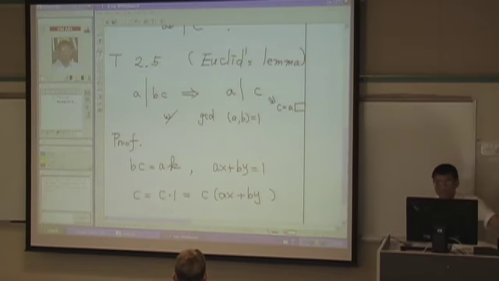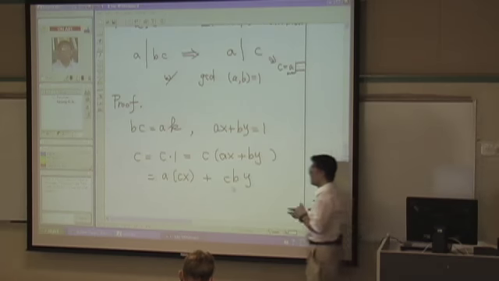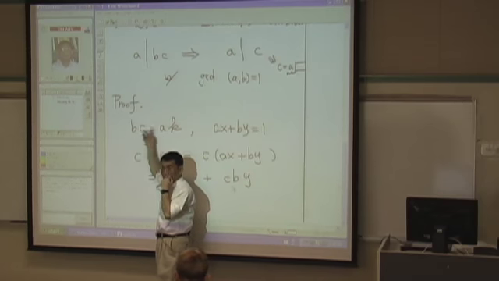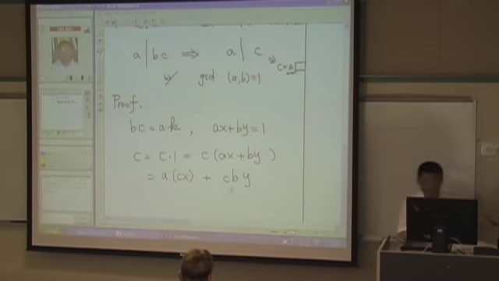Then from this overloaded thing, we want to extract something. The goal is extracting A. Fortunately, we already have A, so we can extract A and then the remainder, CBY. We couldn't extract A here, but we can get help from the condition. What is BC? BC is AK.